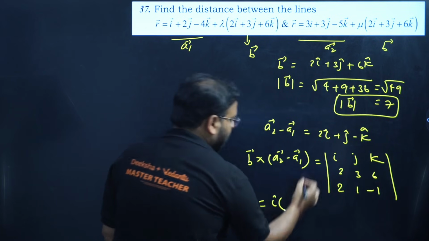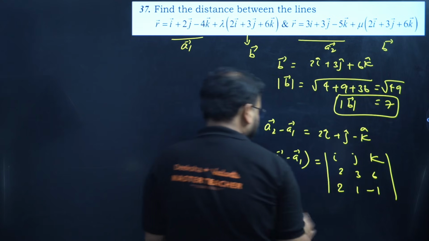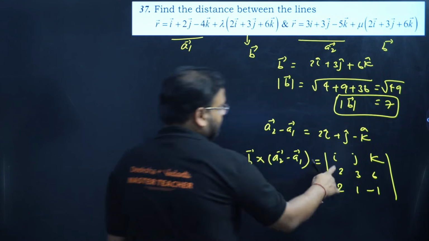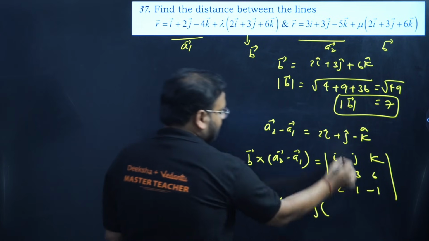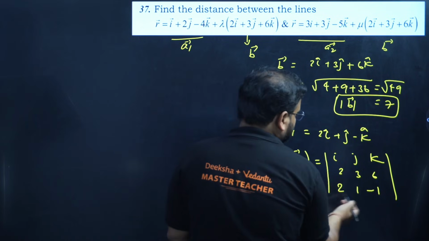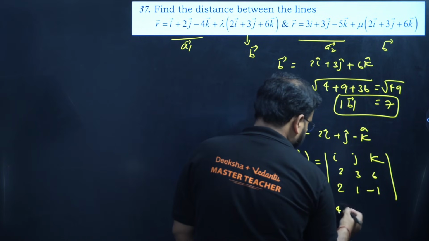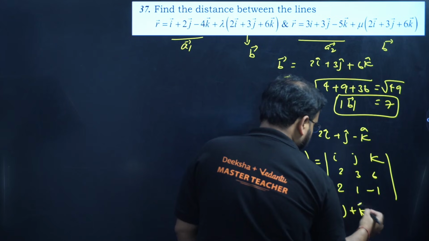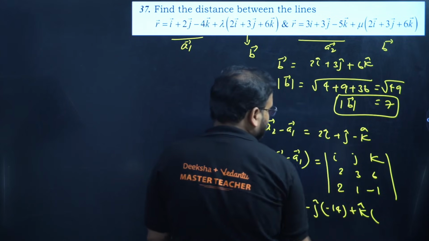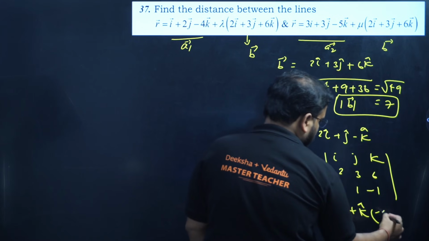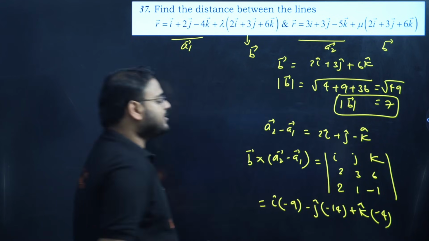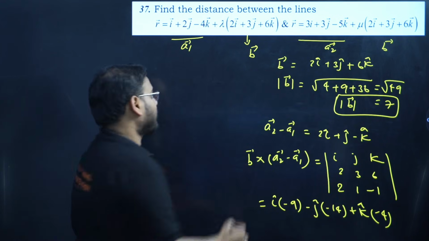Across i, I am getting minus 3 and minus 6, which is minus 9. Across j, what am I getting? Minus 2 and minus 12, so minus 14. Correct? Minus 2 and minus 12 is minus 14. Across k you check: 2 minus 6, which is minus 4. 2 into 1 is 2 and 2 into 3 is 6, which is minus 4.